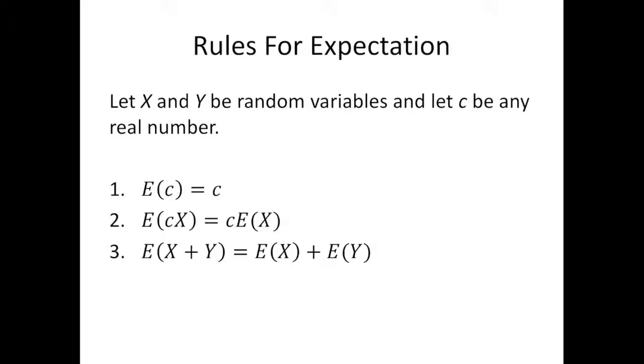Rule 2 is the expected value of a constant times a random variable is equal to the constant times the expected value of the random variable. And rule 3 is if we have an expected value of a sum of random variables, that's equal to the sum of the expected values. That's important for our purposes because our new random variable y is a sum of 3 other random variables. So rule 3 will be very handy for us here.